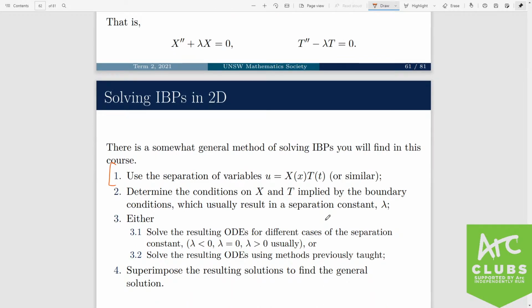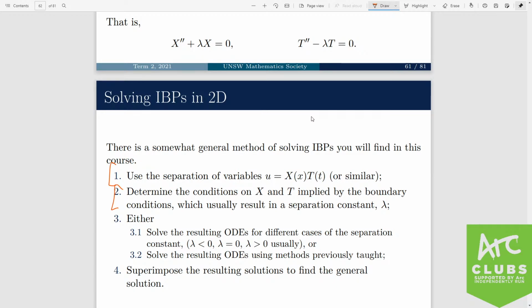And then we use the initial conditions and the boundary conditions to solve the differential equations for X and T. And usually this separation constant still applies, so our solutions will be in terms of this lambda, although maybe not explicitly. So often we convert lambda into some n pi, for example.